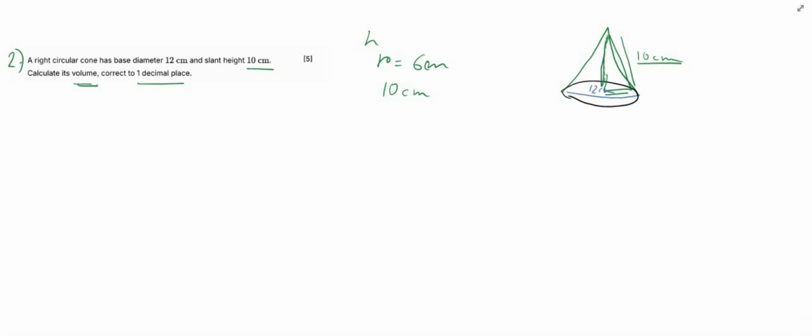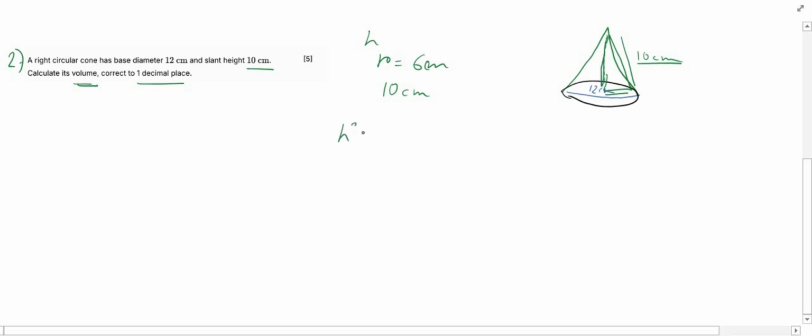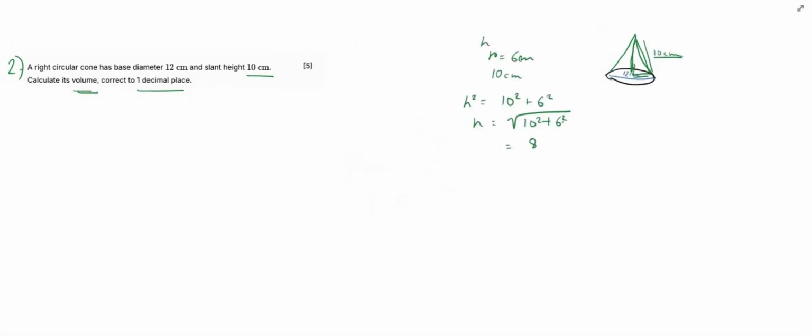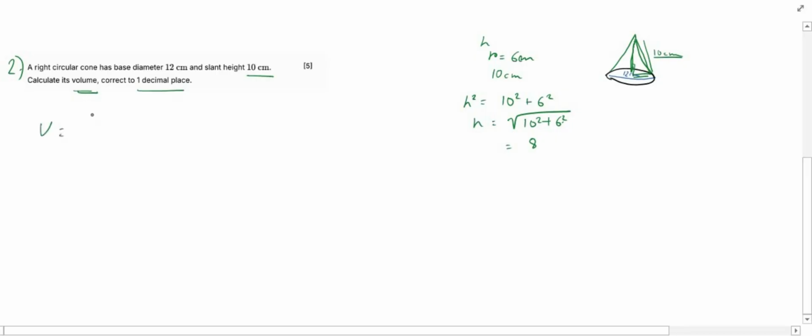Alright, so let's do Pythagoras. 10 square is equal to h square plus 6 square, and our h will be 8. Okay, now the volume formula. The formula of volume for a cone is V equals 1/3 pi r square h.